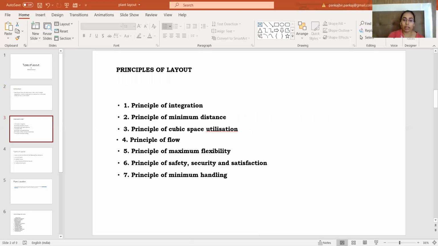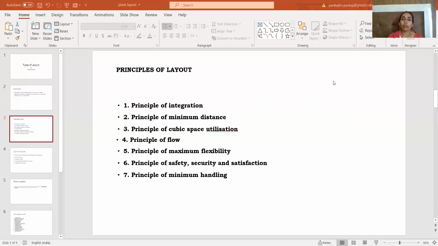Now we move on to the principles. While designing our plant layout, you need to decide on the plant layout on the basis of certain principles related to proper plant layout. The first principle is the principle of integration.